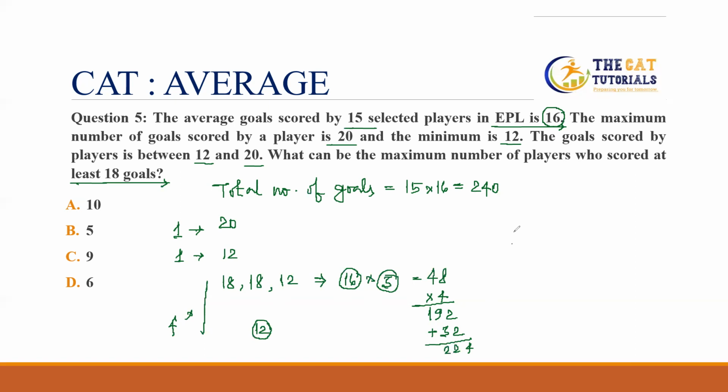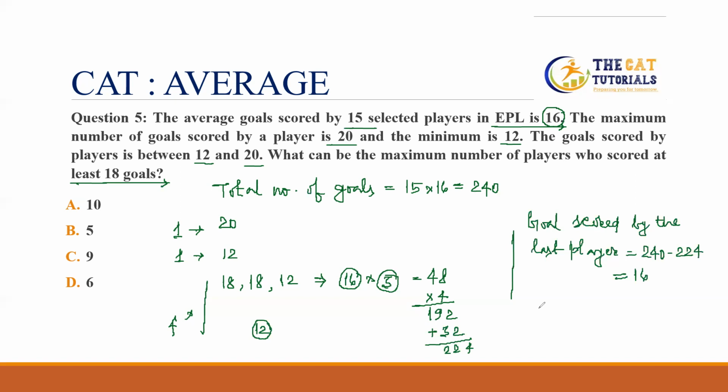So the goals scored by the last player: we can write this equal to 240 minus 224, that is equal to 16.